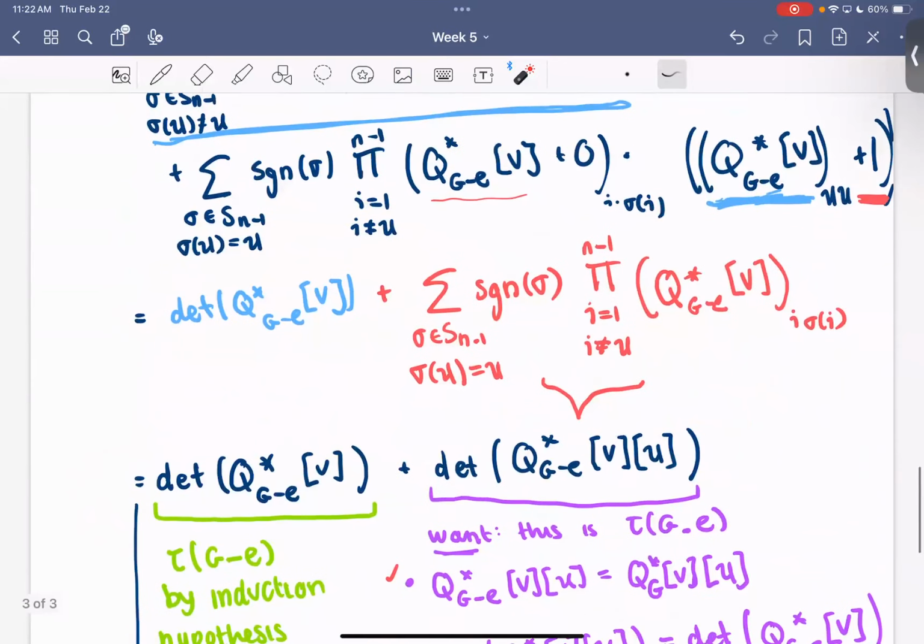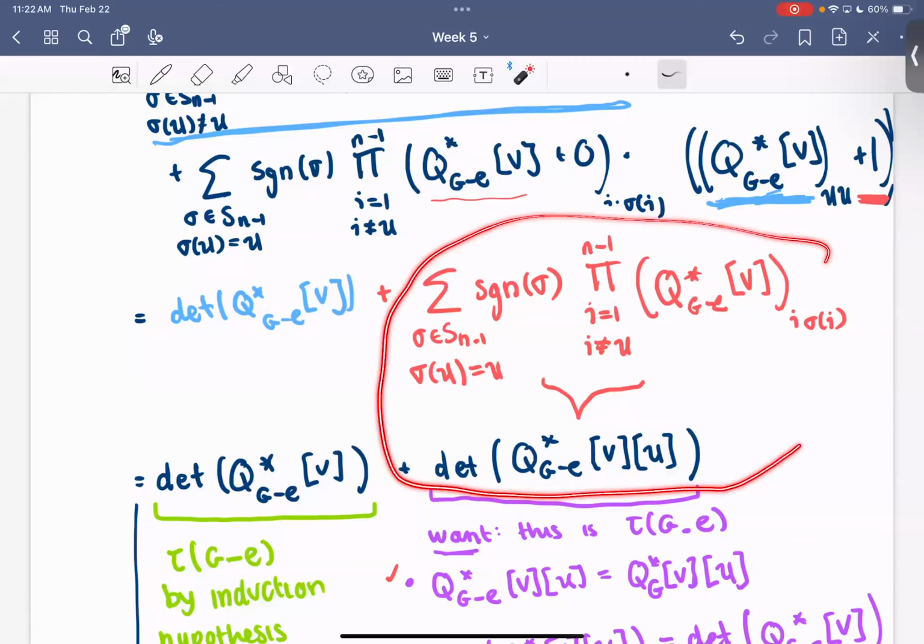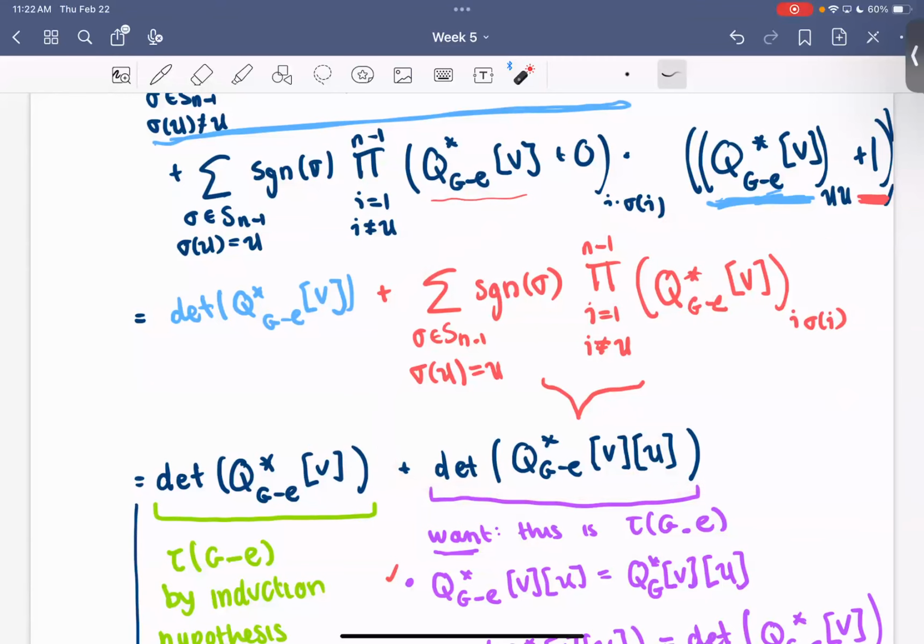How can you go from... I know you said that it's equal to the determinant of 2 star E, removing E and U, but I don't understand how you can say that if you're only including the permutations of U that are equal to U. If sigma U is equal to U, isn't that not all of the possible permutations? Or the rest are zeros that you cannot include?